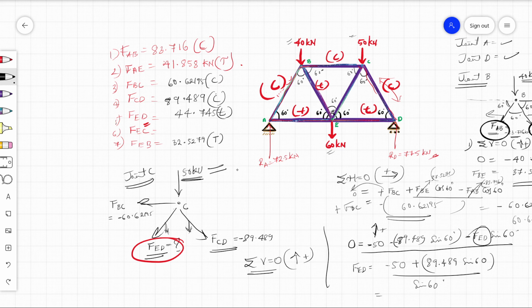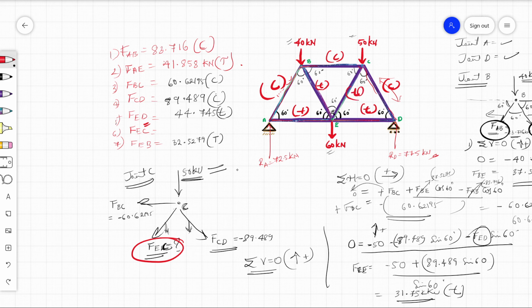If you solve this all, you get a value of FCE. Okay, sorry, there's one wrong. This is C, right? FCE comes as 31.754 kilonewton, and the answer is plus, so it is tension. So this one also becomes tension.